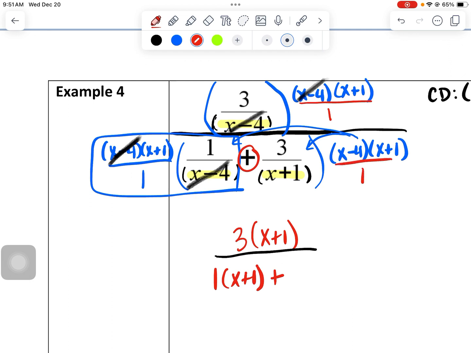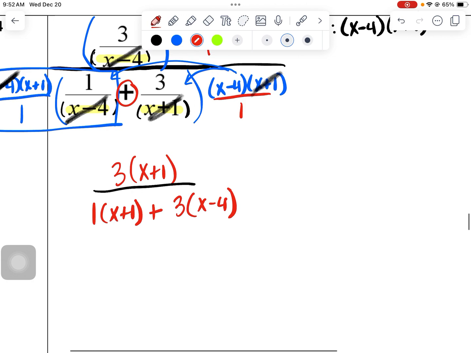And then I have a plus here in the middle. And then simplifying over here, these together, I have x plus 1s divided by an x plus 1. That'll simplify to 1. And then I have left a 3 times an x minus 4 over 1. And then I want to simplify this more if possible. So I'm going to leave the top factored for now.